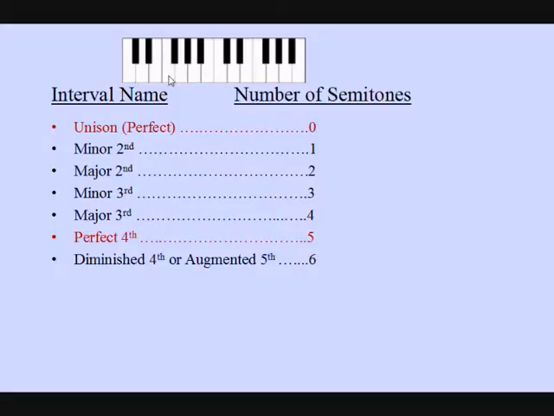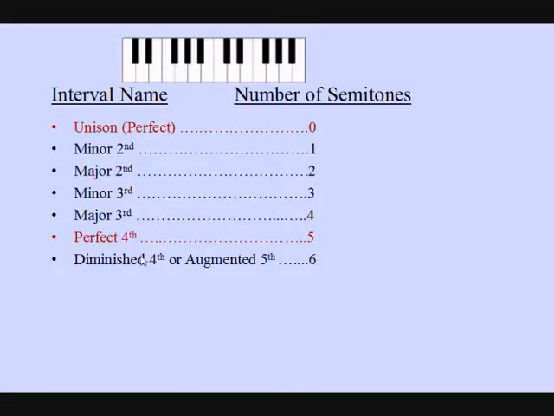If I consider that instead of being an F sharp, that is a G flat, which is actually the same note, we're going to count, and obviously the number of semitones distance is going to be the same, 6.